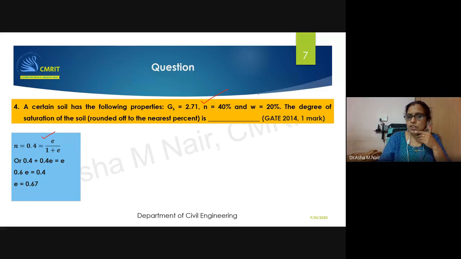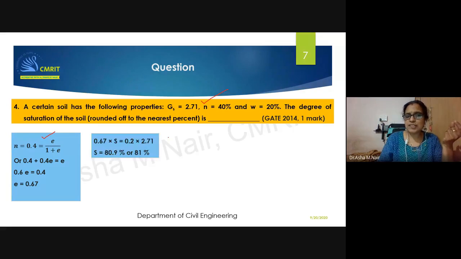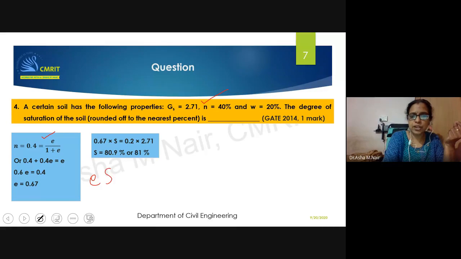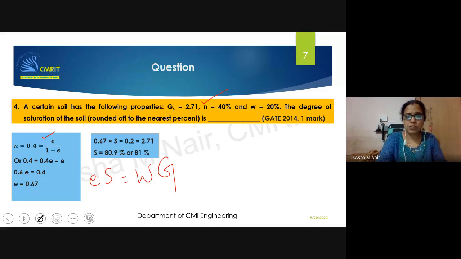Now, once you get the value for e, you already know the value for G and the value for w. You can easily find out S by using the same expression that we used last: e into S is equal to w into G. You know the value for e, you know w, which is given as 20%, and G is also given.